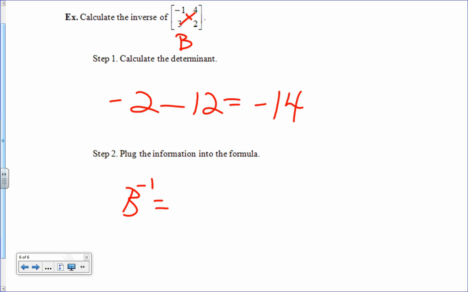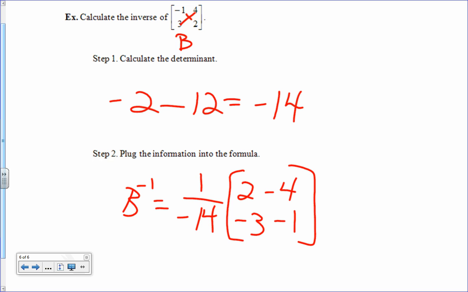It means inverse in this case. It's a notation. It would be 1 over -14 times the matrix 2, -4, -3, -1. So that is the inverse of the original matrix. Questions?